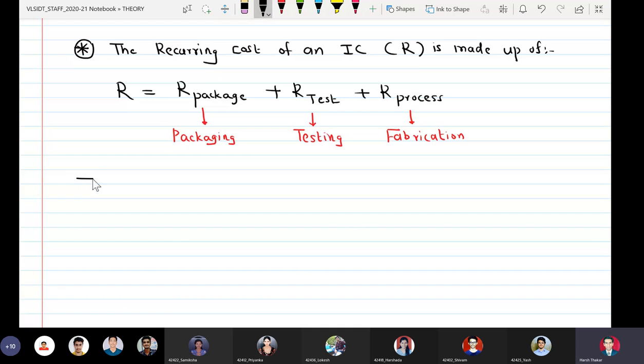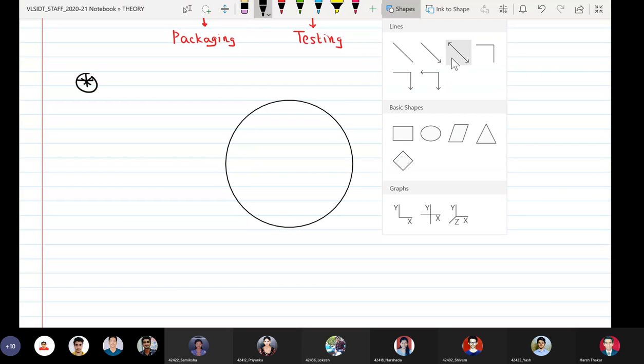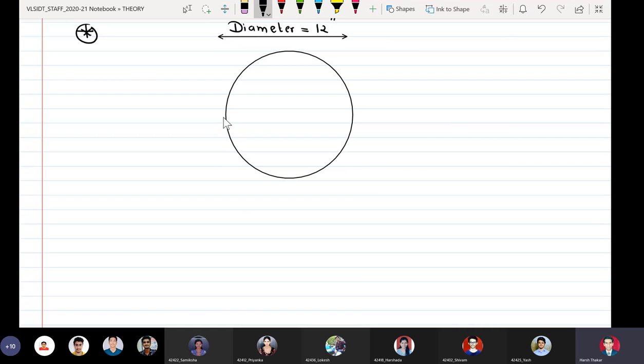To summarize, we can say that the yield of an IC is very important. If you remember, in our introduction to VLSI field, we had this thing representing a silicon wafer. The diameter of silicon wafers is 12 inches, thickness is a few microns.